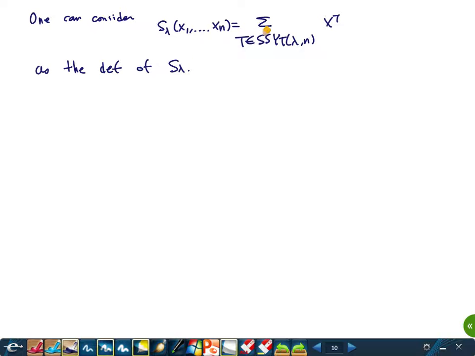And of course, in this case, we can obviously consider an infinite number of variables. This is just over all semi-standard Young tableaux of shape lambda. Entries can be any size, without restriction.